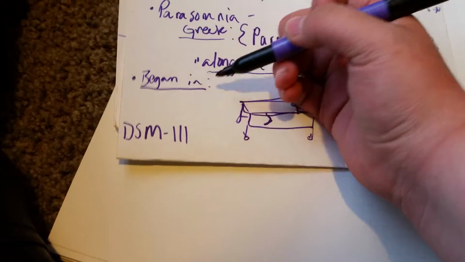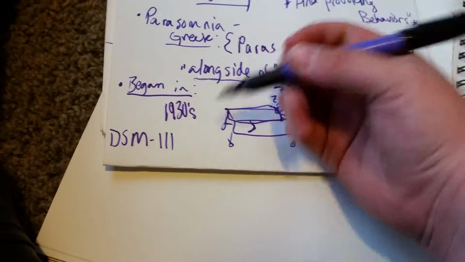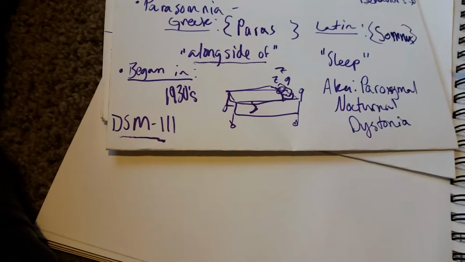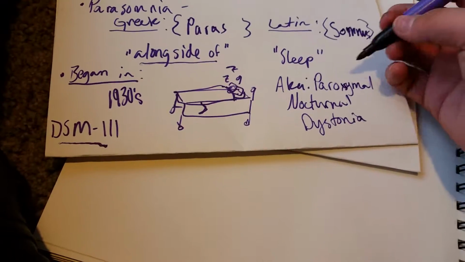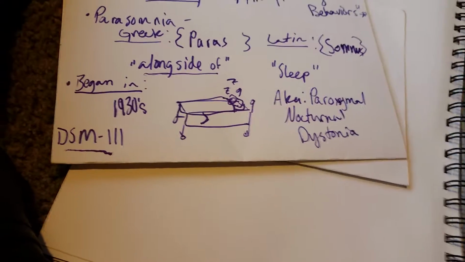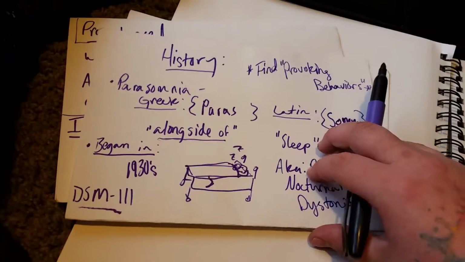Parasomnia began in the 1930s and was included originally in the DSM-3. Otherwise known as paroxysmal nocturnal dystonia, parasomnia has been around for quite some time.